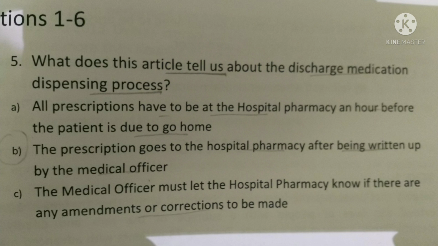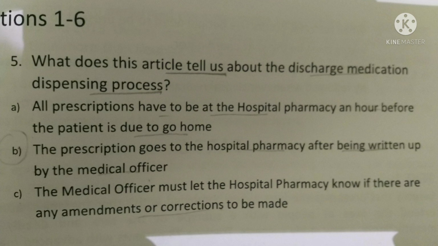So let's see how we can tackle this paragraph. What does this article tell us about the discharge medication dispensing process? Option A: all prescriptions have to be at the hospital pharmacy an hour before the patient is due to go home.